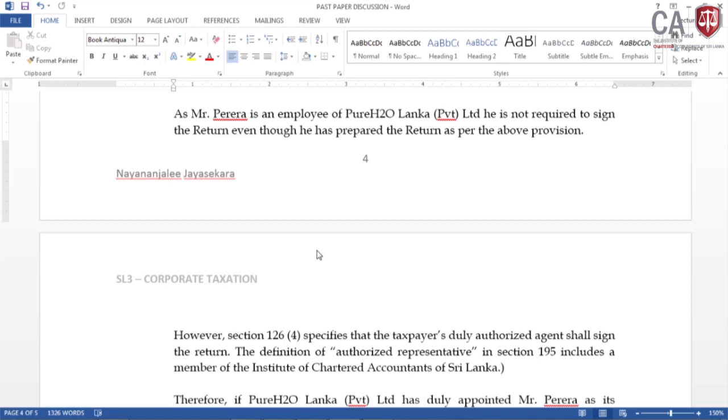If the company has authorized him as the authorized agent or authorized representative under the name of Mr. Pereira, then he shall sign. That's your answer.